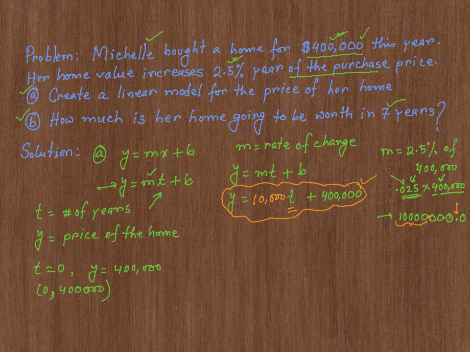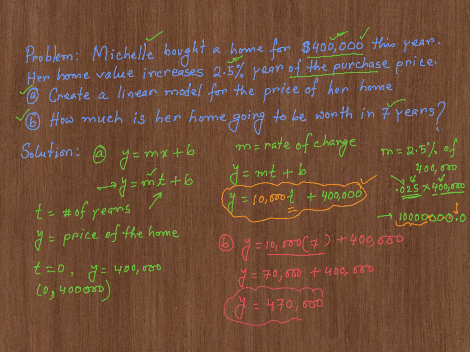Now let's answer part B. How much is the price of this home going to be after, let's say, 7 years? That's what they're asking. So y is equal to 10,000 times 7, plus 400,000. 10,000 times 7 is 70,000, plus 400,000, which gives me 470,000.